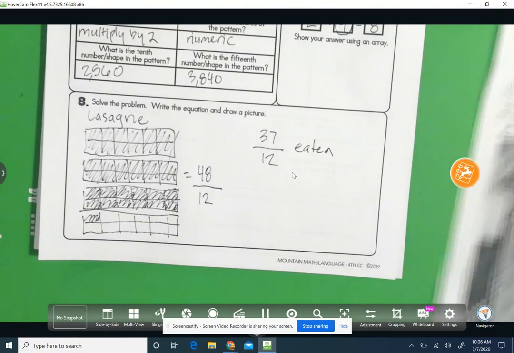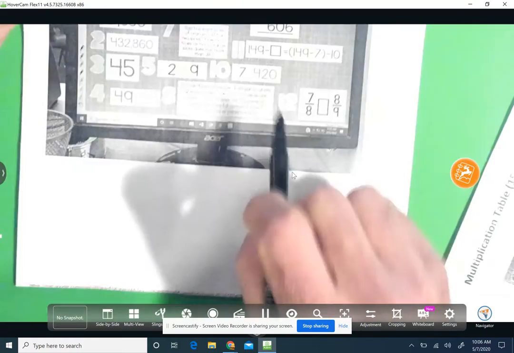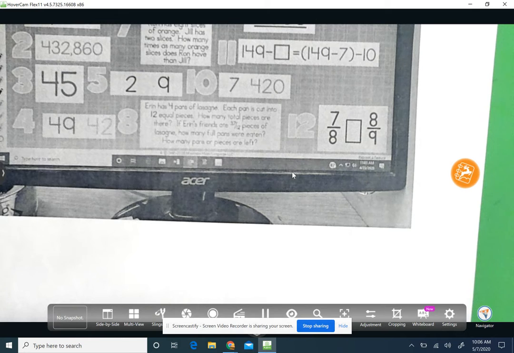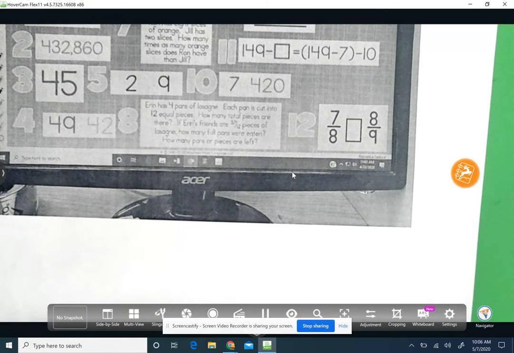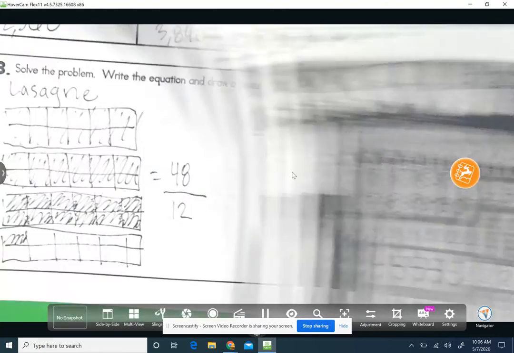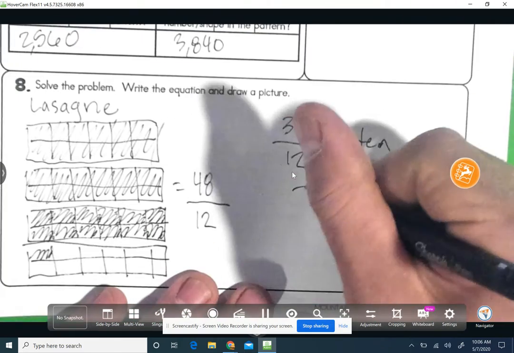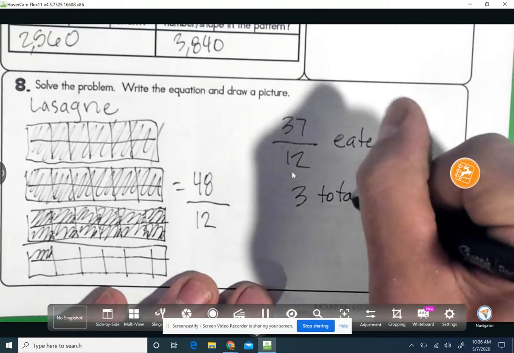How many total pans? This is tough. How many total pieces of lasagna are left, and how many full pans were eaten? Sorry, I had a hard time reading that. Well, how many full pans were eaten? How many did we cross off? 3 total pans.